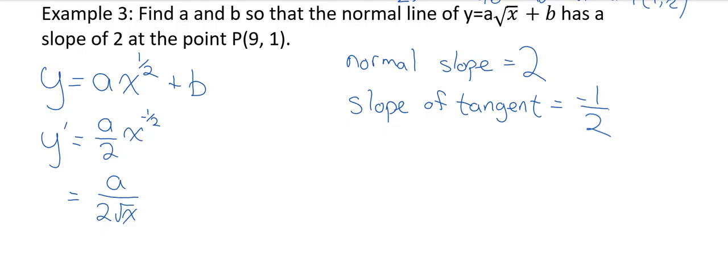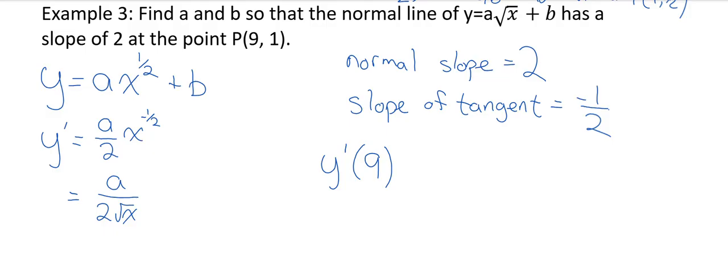So we know that y prime at 9 of that function has to equal negative 1/2. Okay, the b is going to come, and we've got to figure that out in a little bit. But right now, we know that y prime at 9, so wherever we see an x, has to equal negative 1/2.